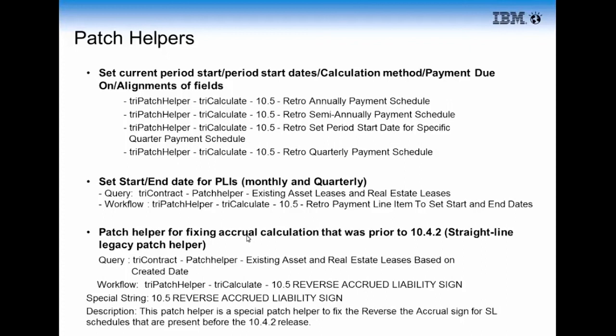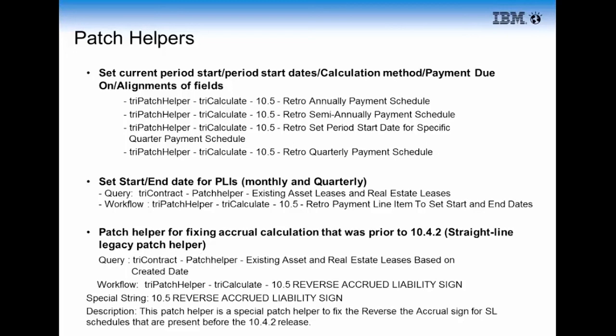So in order to support those customers who have leases in 10.4.2 and are moving into 10.5, we wanted to give them a patch helper fix. This is a special patch helper. It needs to be run only if you have leases that are prior to 10.4.2. It uses a special string, 10.5 reverse accrued liability sign.